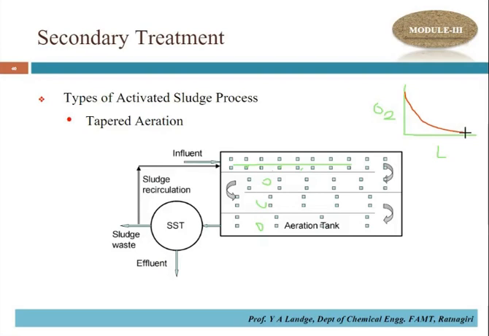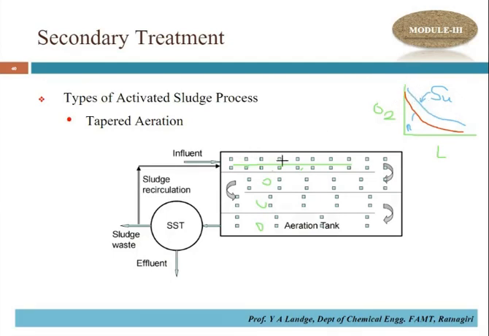In the conventional one we supply at a constant rate, but here, instead of a constant rate, we supply oxygen differently. The red line shows the oxygen required, and this other line shows the supply of oxygen.